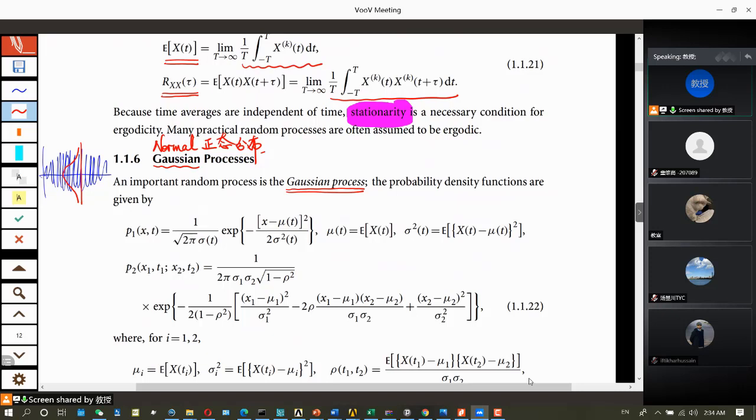The probability density function is given by this. We have a mean value mu, and sigma is the standard deviation. Okay, so mu is the mean and sigma is the standard deviation.